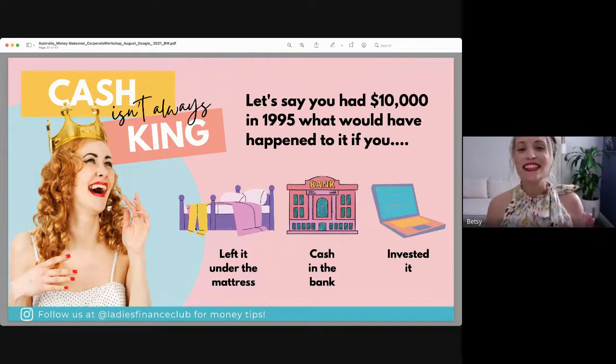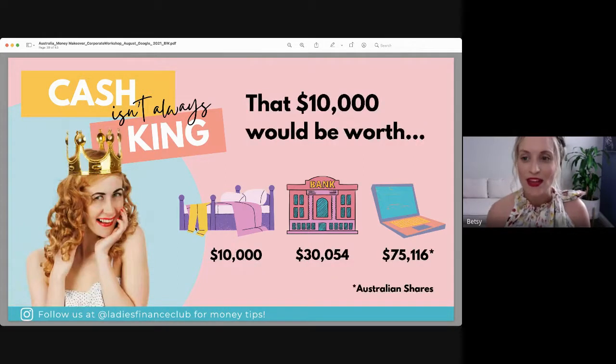Thank you. So they say cash is king, but actually, not always. Let's say you had $10,000 in 1995. What would happen if you A, left it under the bed, B, invested it in the bank, or C, invested it in an asset that was growing, like Australian shares? If you just left it under the bed, you'd still have $10,000 today.